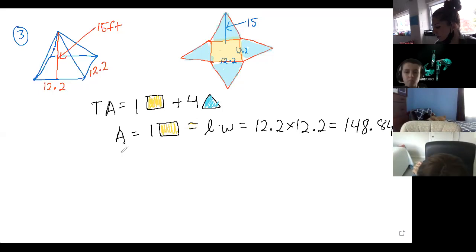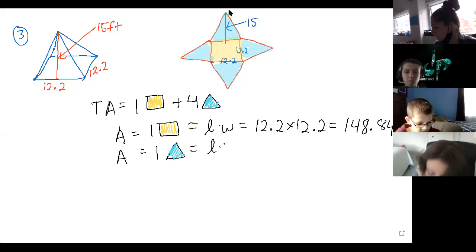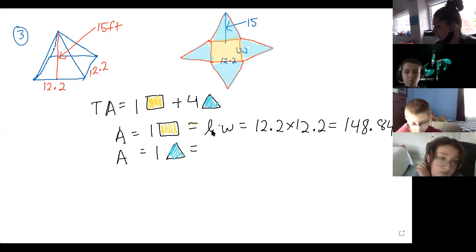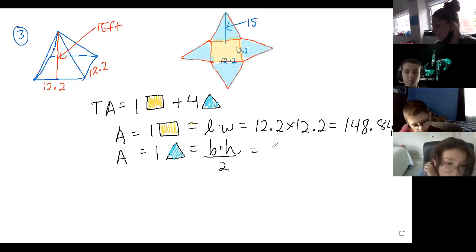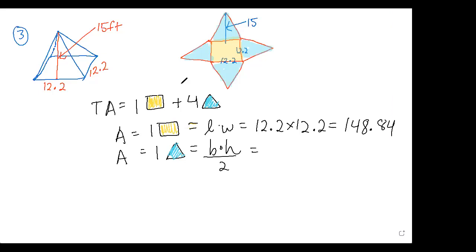All right, and what would the area of one triangle be? We're trying a color approach this time, but same thing. Base times height divided by 2. What would base times height be for this triangle?